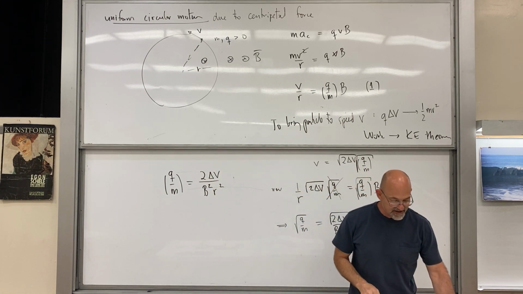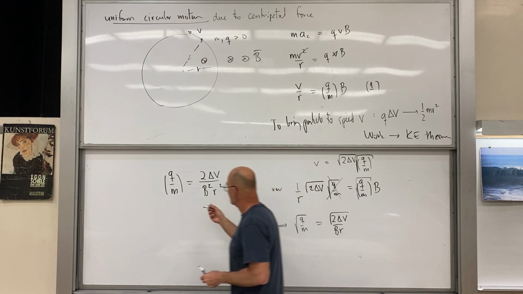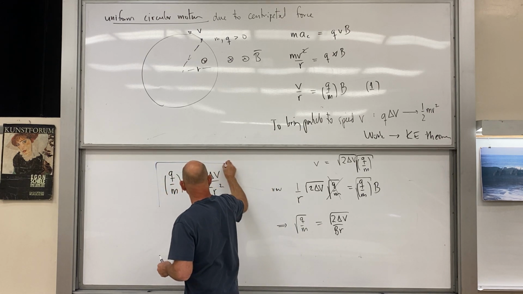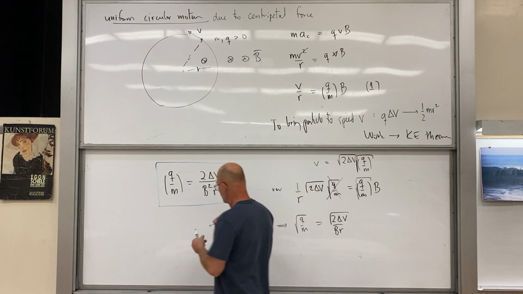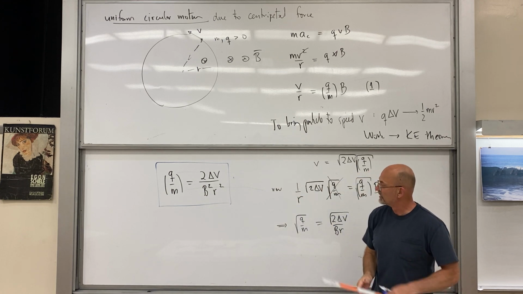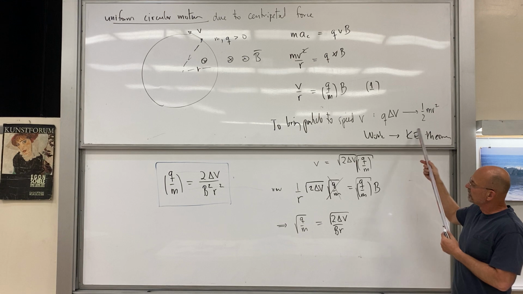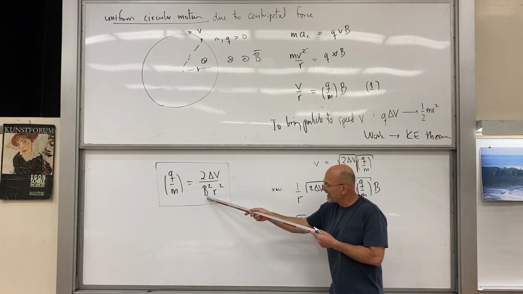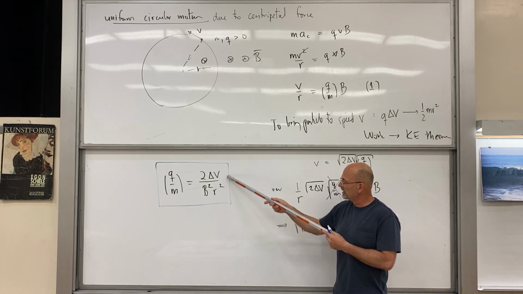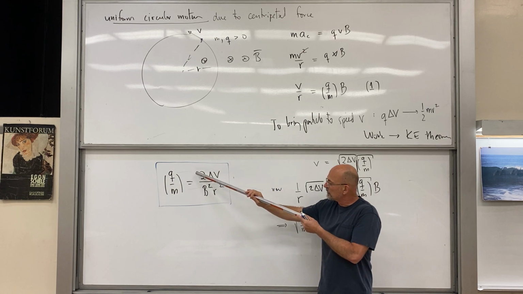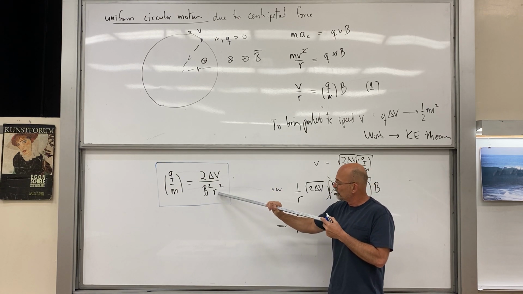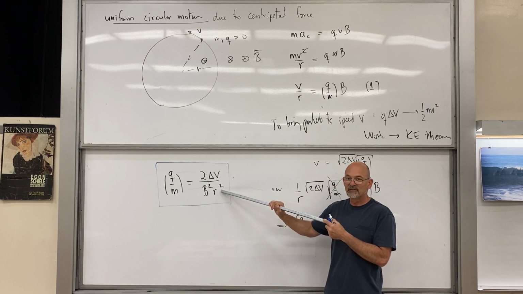Now let's think of this as an experimental situation where we can adjust the voltage with which we accelerate those particles. We can adjust the magnetic field, and in making various adjustments like that, we can also adjust the radius.